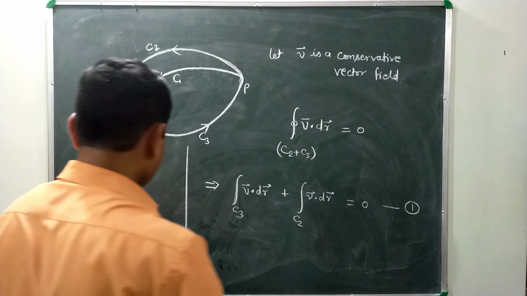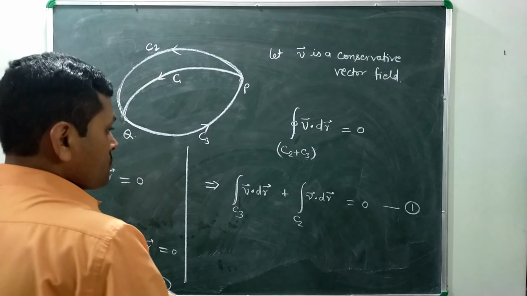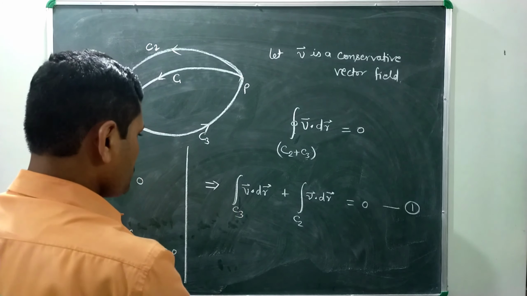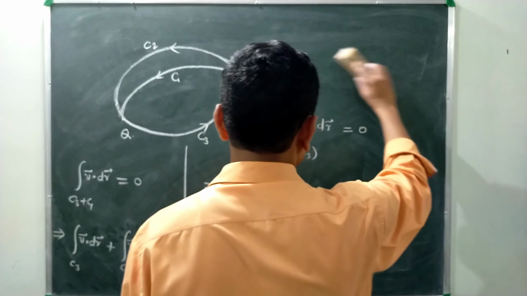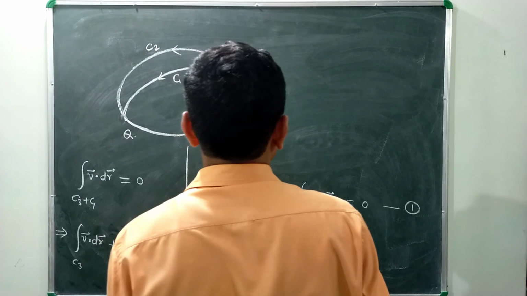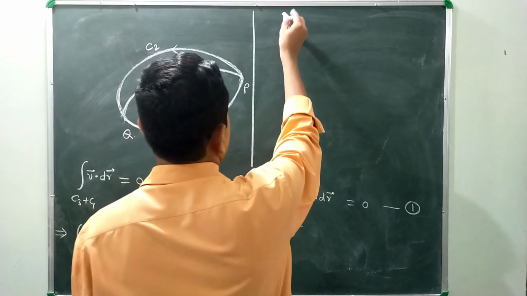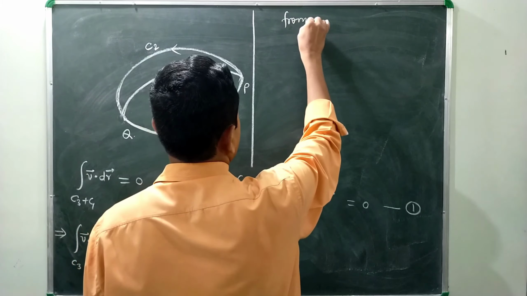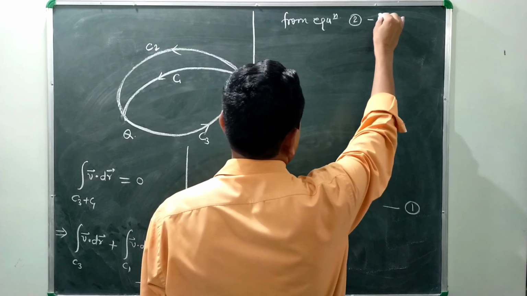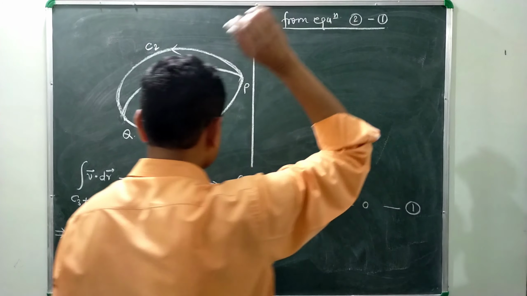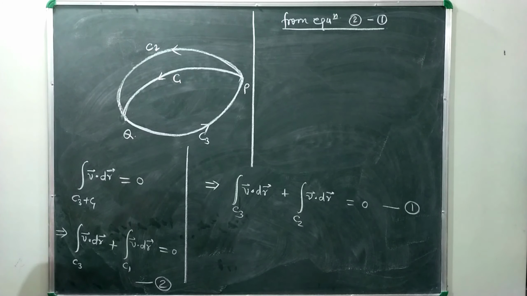Now say equation number 2 minus equation number 1. So write down here from equation 2 minus equation 1, what do we get?